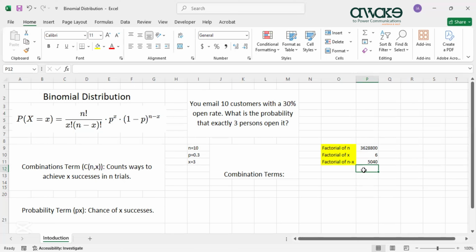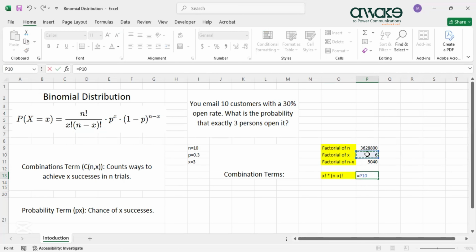Just for label's sake, we write X factorial multiplied by N minus X factorial. We are just using this as a label, okay? So now we do this multiplication: our X factorial is 6, and we multiply that by the factorial of N minus X. We hit enter.